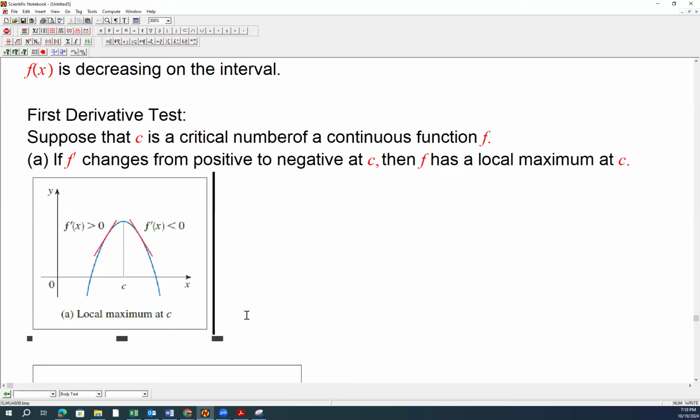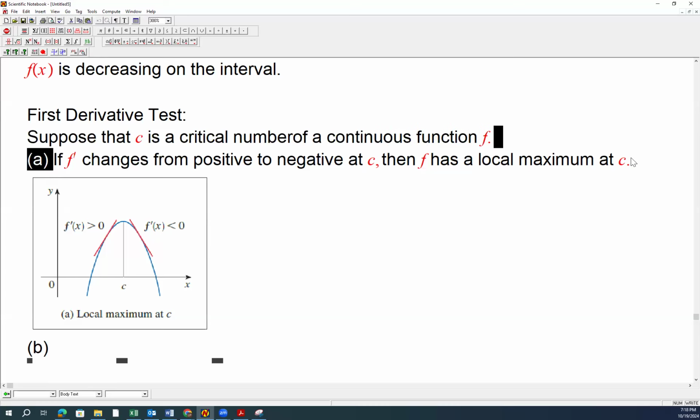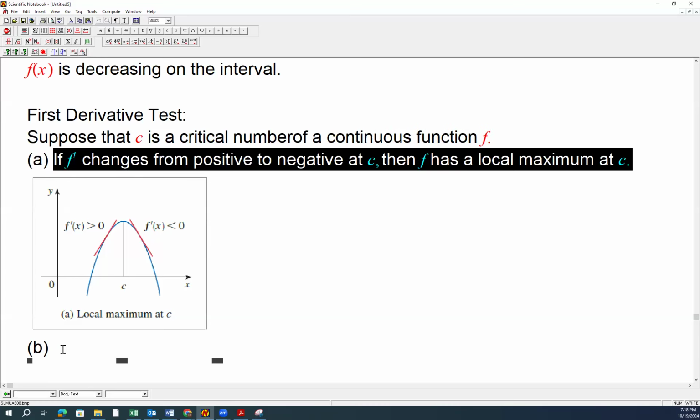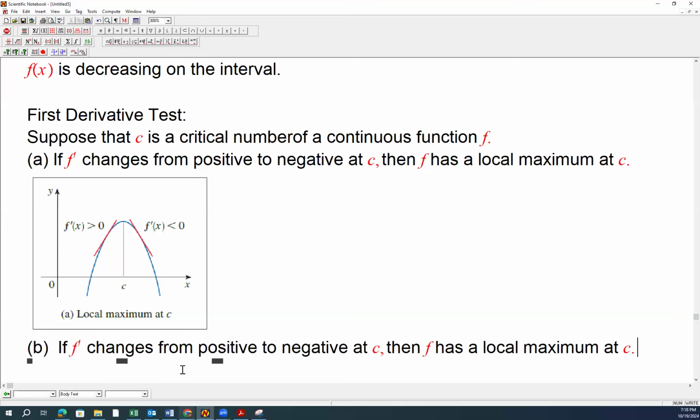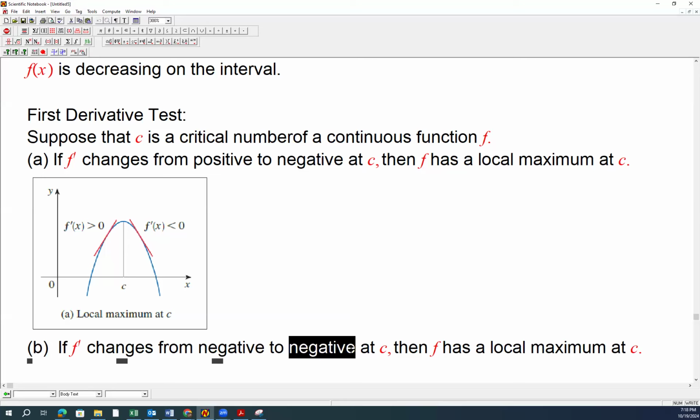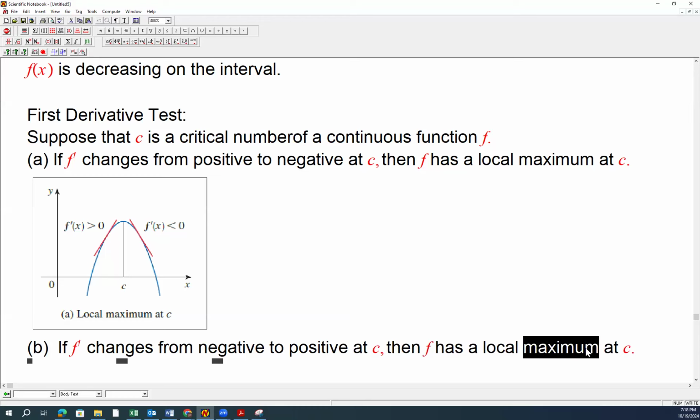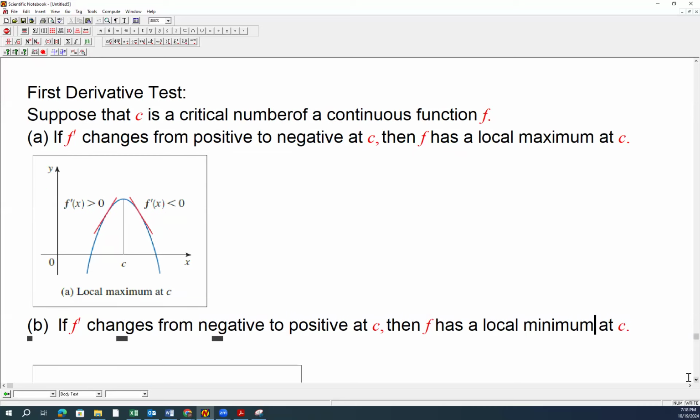And the second case B, it would be changing from negative to positive. So I'm going to just basically copy this and make some changes: from negative to positive at C, then f has a local minimum at C. So here we have a picture for you.